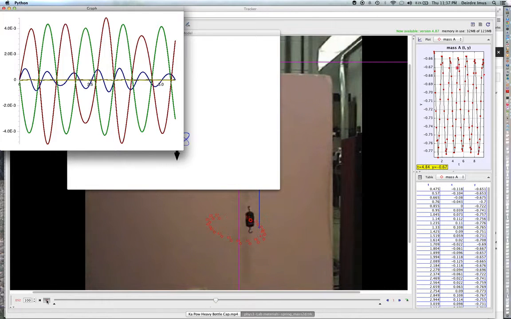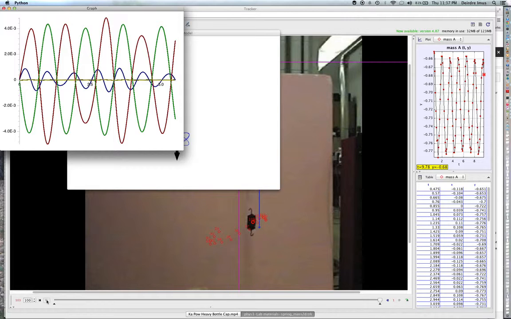Sorry, the green is the change in gravitational potential energy, which makes sense as well because that changes from kinetic to potential, so it goes up and down the whole time when our mass is going round and round. And the red is the potential energy of the spring, which changes back and forth from kinetic to potential, so you can understand why that changes so much and has high frequency on the graph.